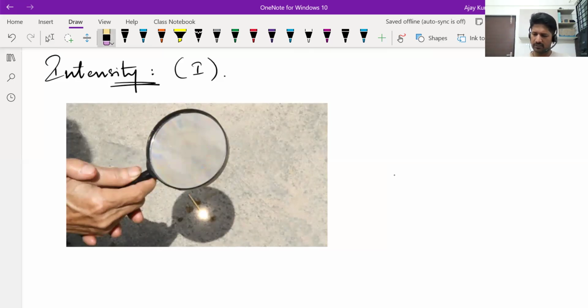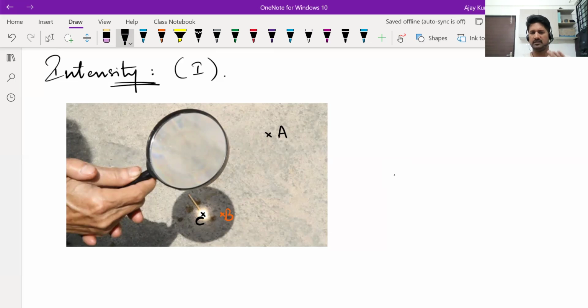Now observe this picture very carefully. Let me mark three points here: point A, this point B, and the third point is C. Now A is under direct sunlight.